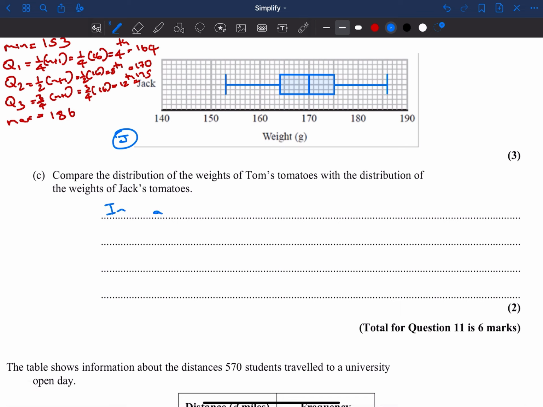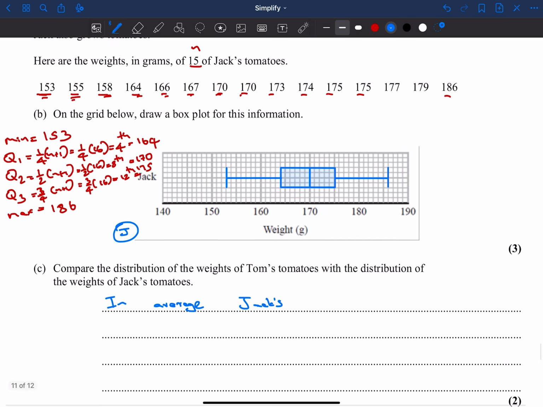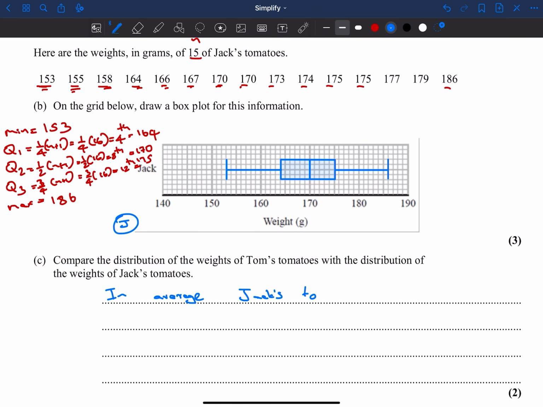So on average, Jack has tomatoes that weigh more, because he has a higher average.